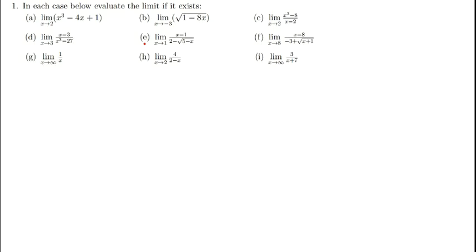Therefore, I have to do both sides, because if I plug in 2 directly, I'm going to get 4 over 0, which is undefined. So what I'm going to do is sketch the way we sketch a rational function.